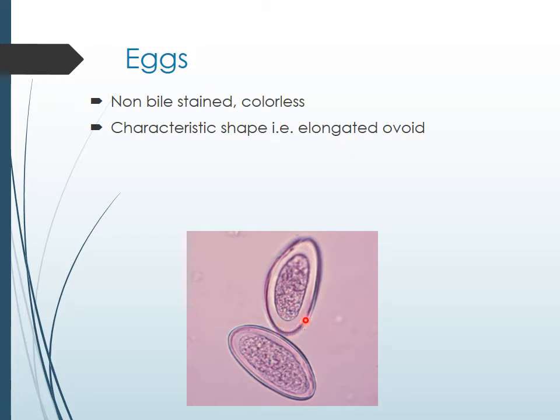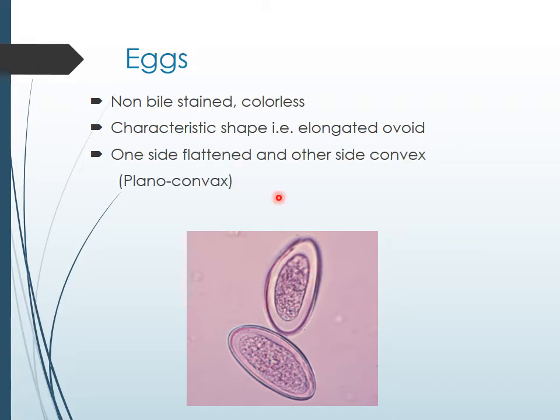If you have seen the eggs of Ascaris lumbricoides or Trichuris trichiura, they are yellowish brown in color, which is known as bile-stained egg, while this is non-bile stained because it is colorless. The other thing is its typical shape. One side is relatively flat and the other side is convex.